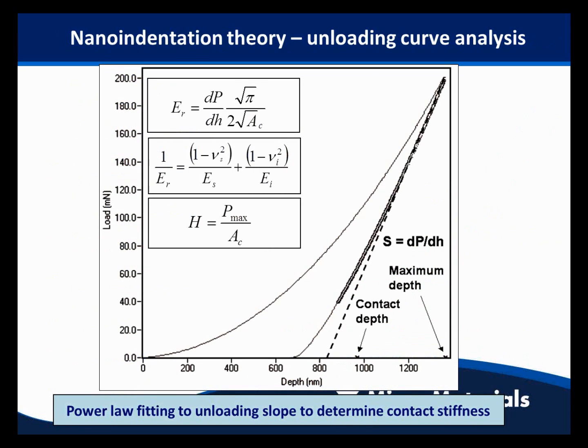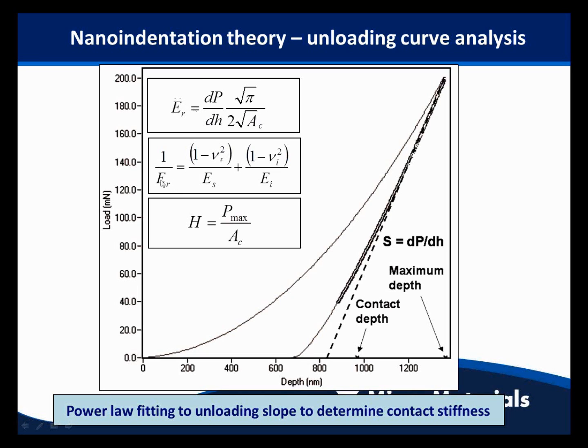So typically, or most commonly, the unloading curve is analyzed, with a power law fit to determine the tangent to that curve, which allows us to determine the contact stiffness. And the equations from the contact stiffness to derive the projected contact area and this reduced modulus are really quite simple.